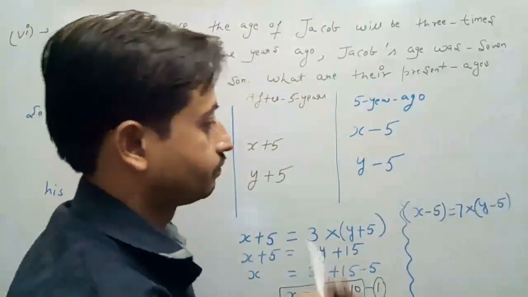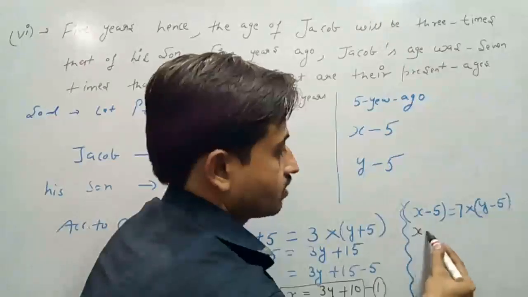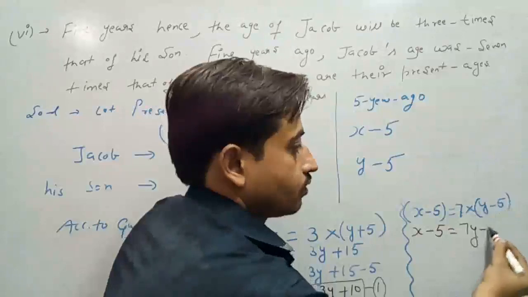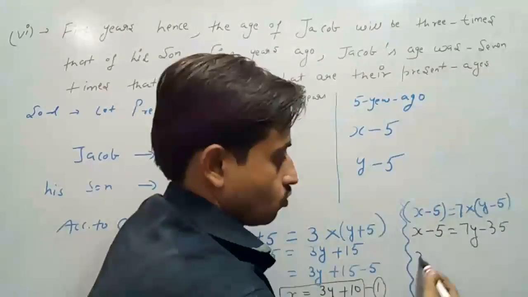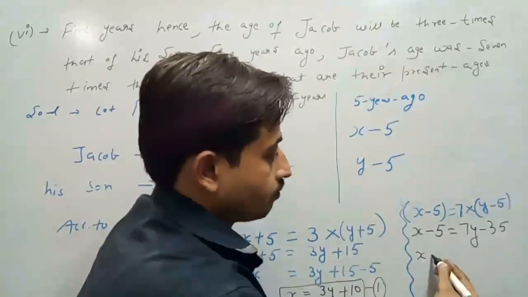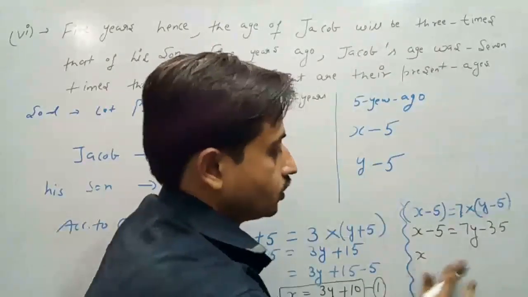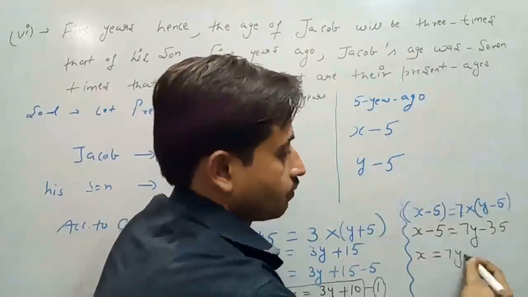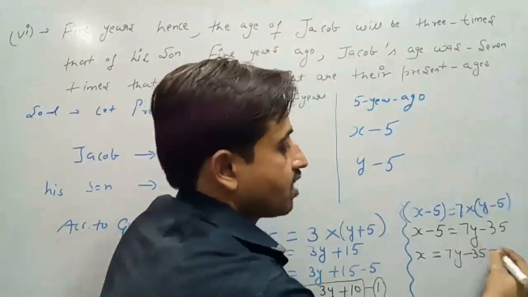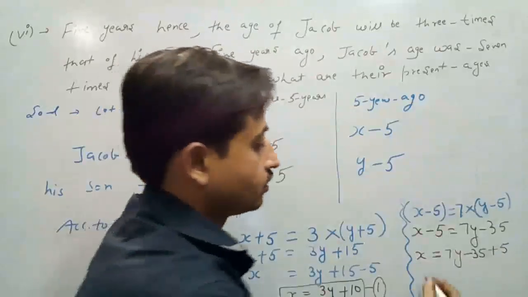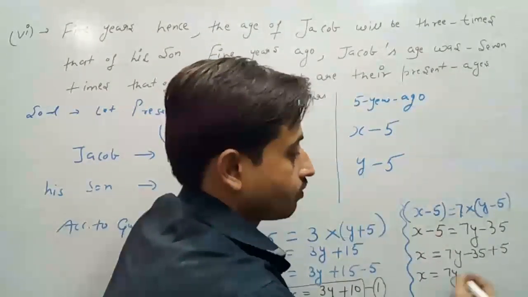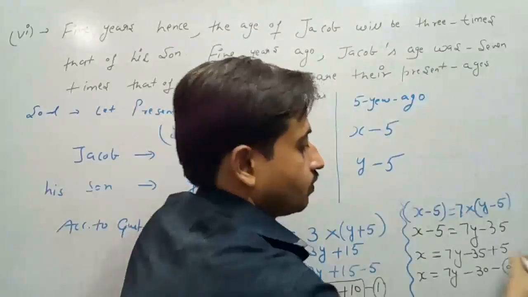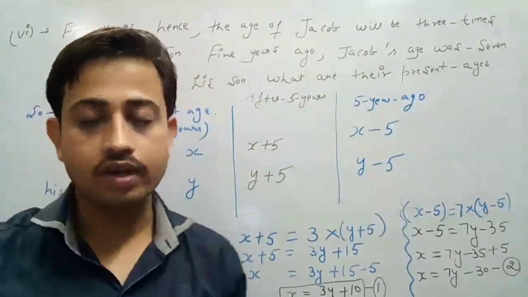So please solve it. x minus 5, do multiply. 7 into y, 7y, 7 into 5, 35. So x minus 5 is equal to, also you can take it to the right hand side. x is equal to 7y minus 35, and this negative 5 becomes positive 5 here. So what will we get? x is equal to 7y minus 35 plus 5, we get minus 30. This is equation 2.